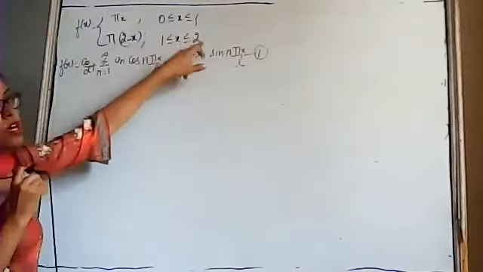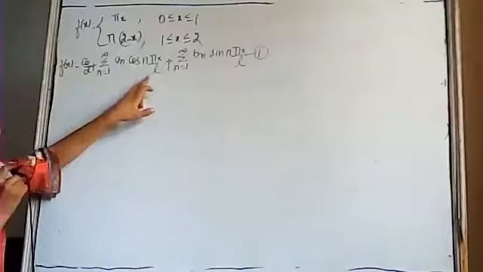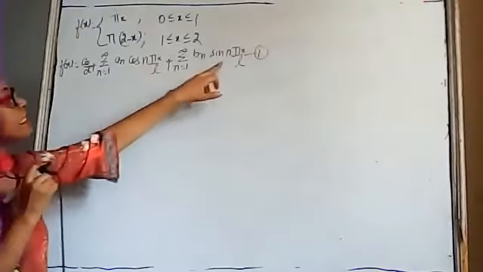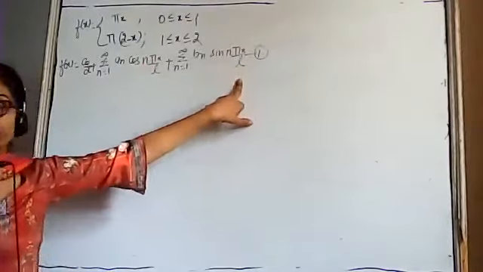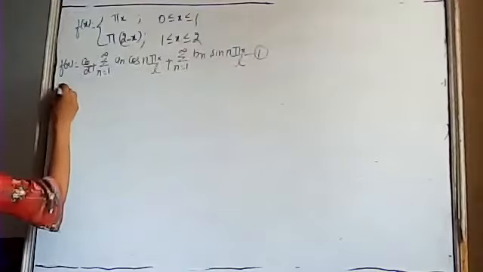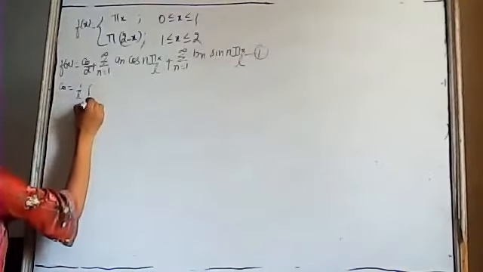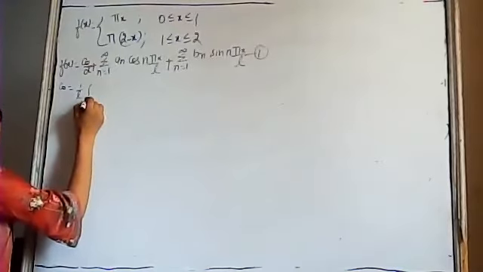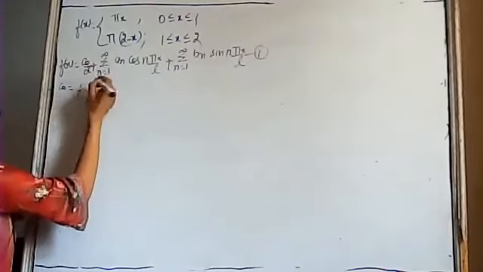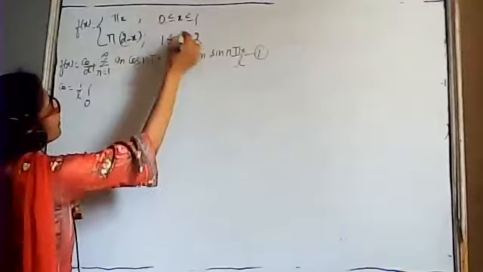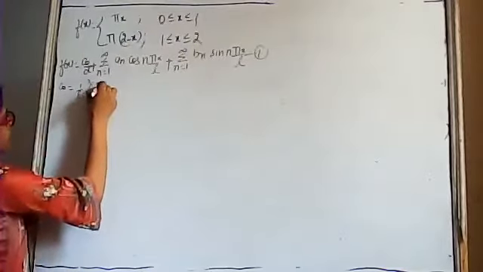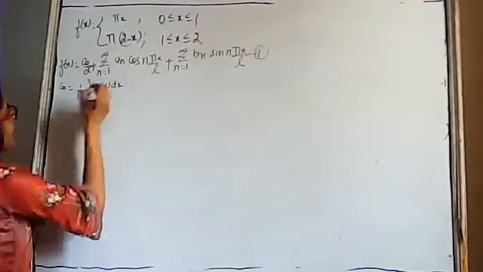As we have constant limits, we will write n pi x upon L, sine of n pi x upon L. After that, the value of a0 is equal to 1 by L, integral 0 to 2, fx dx.